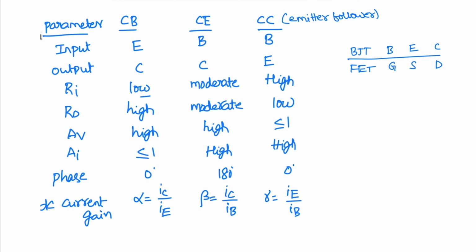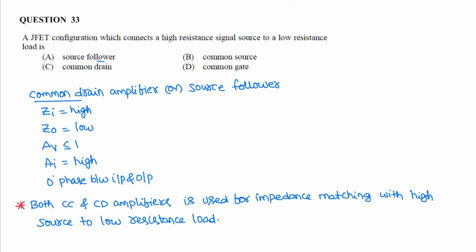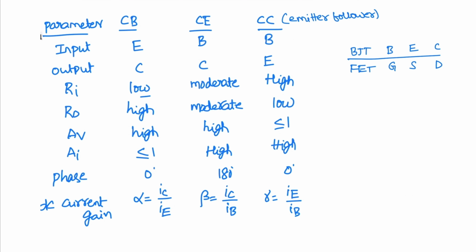So in the question they have given a common drain configuration, which has high signal resistance and low load. Signal resistance is high, input resistance is high, and output resistance is lower. So this is the common collector configuration, also called the common drain configuration.